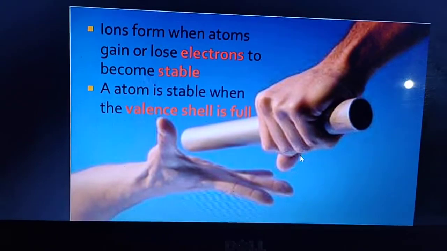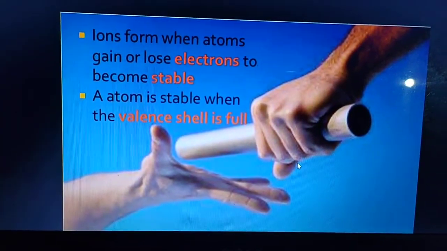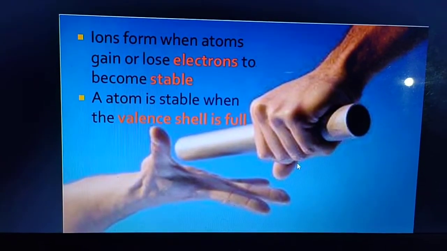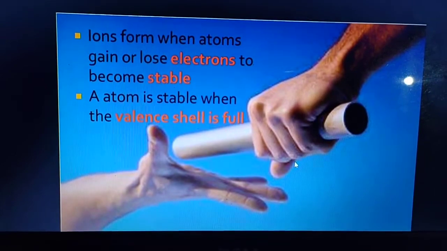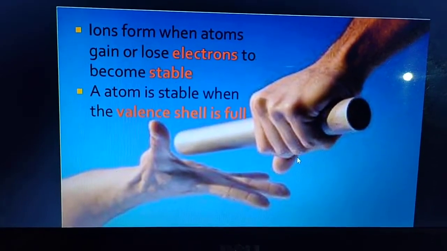Ions form when atoms gain or lose electrons. In this process it becomes stable. We will discuss this later also.